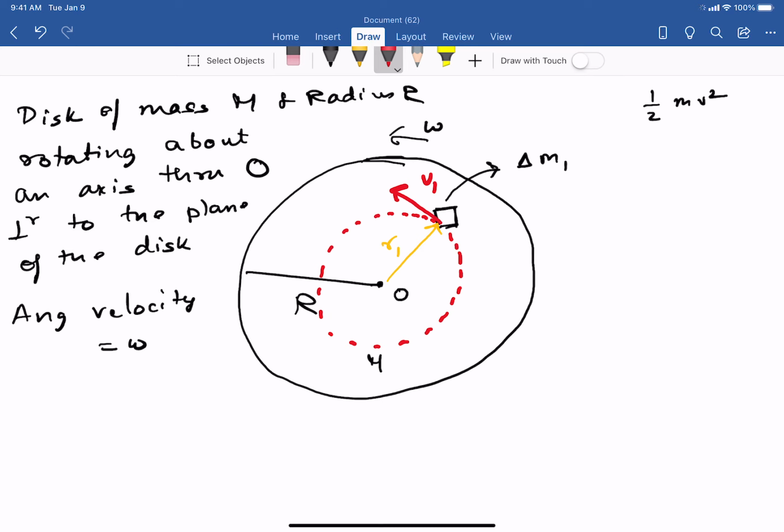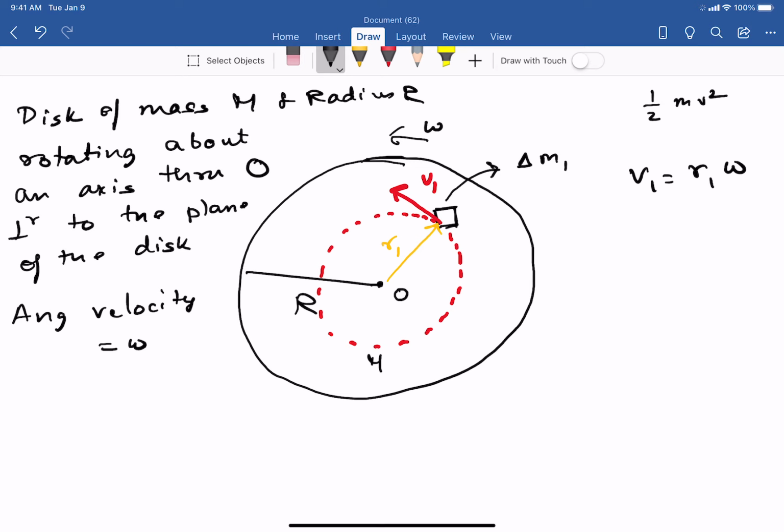Every part of this disk, the whole disk, is rotating with angular velocity omega, right? So can you tell me what v1 is going to be in terms of r1 and omega? v1 is going to be r1 times omega, right?